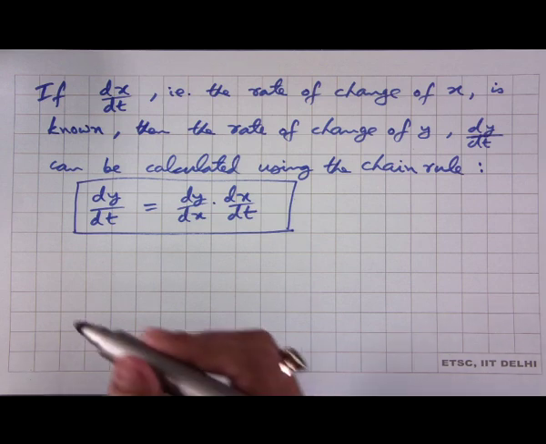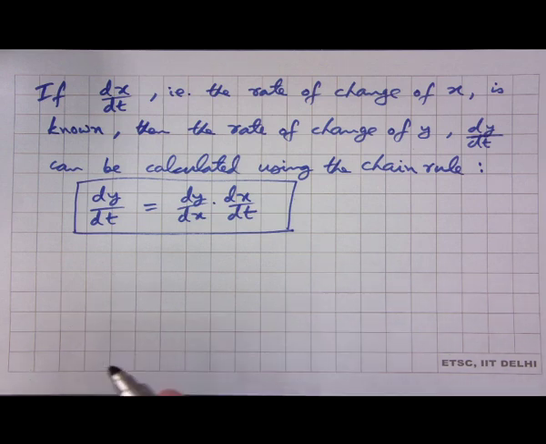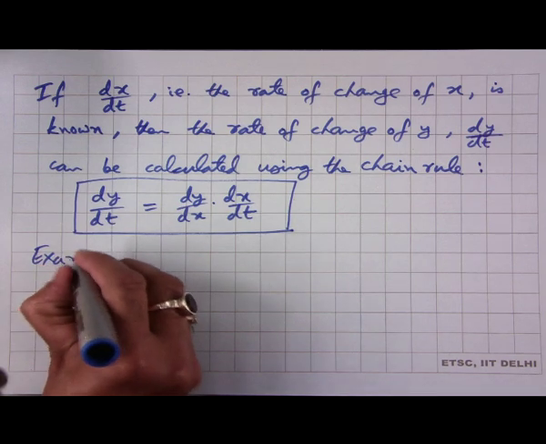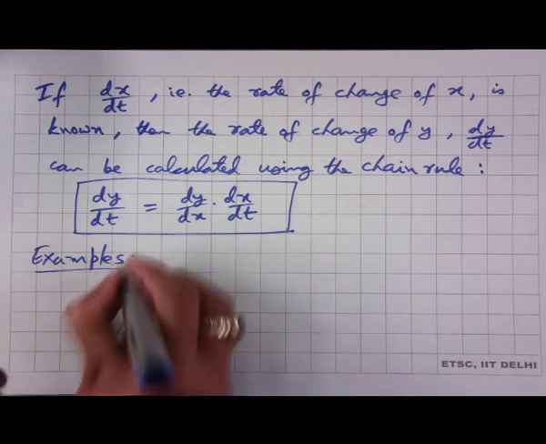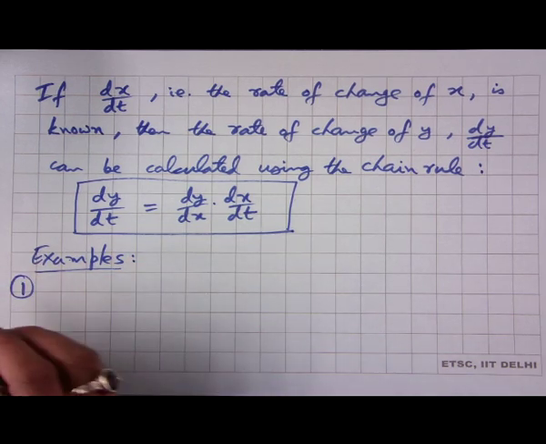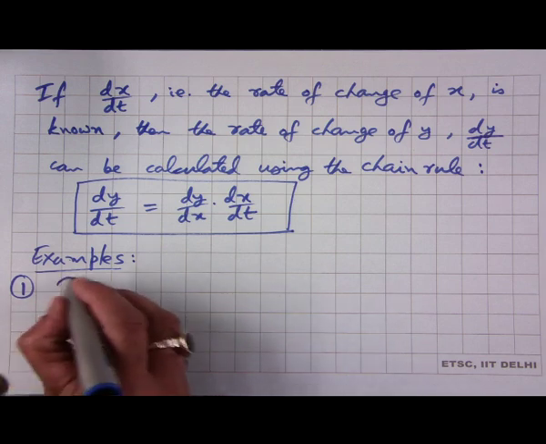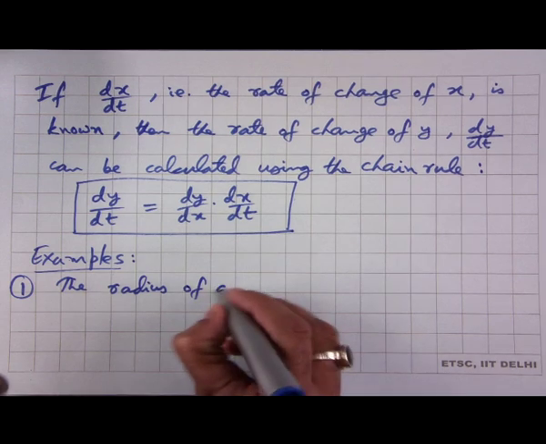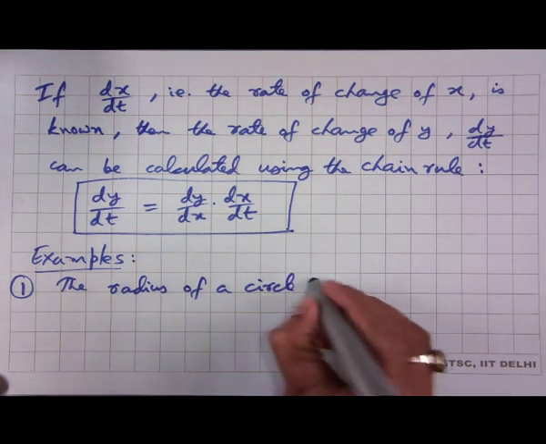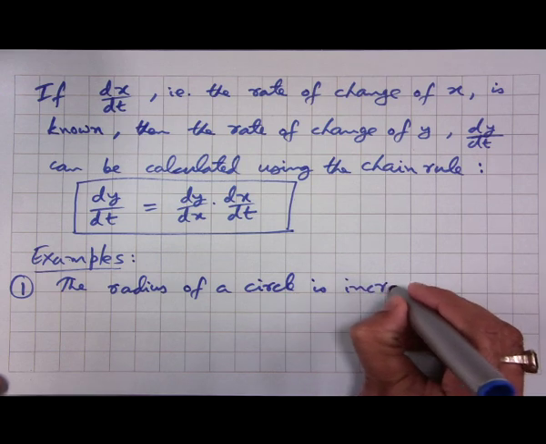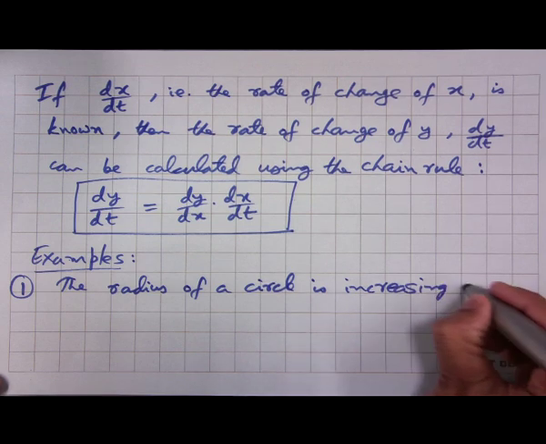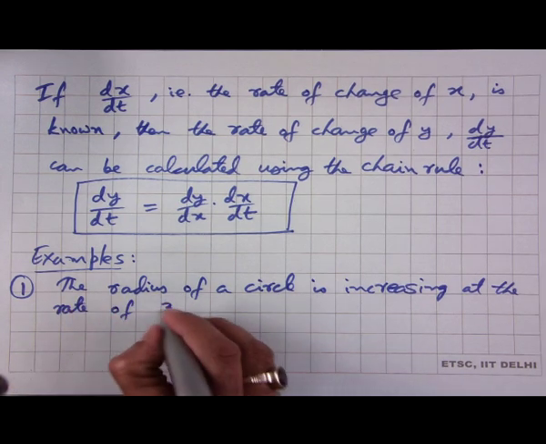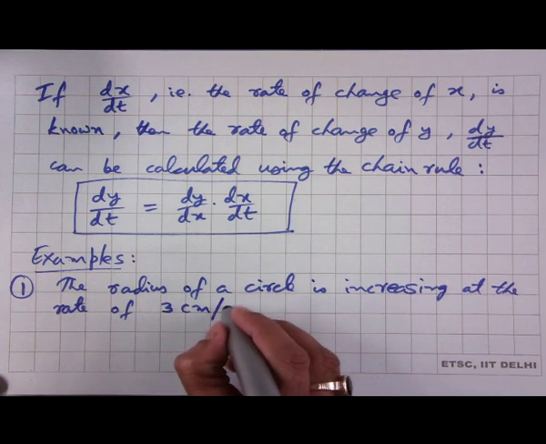So, let us look at some examples. The first example: suppose it is given that the radius of a circle is increasing at the rate of 3 centimeter per second.